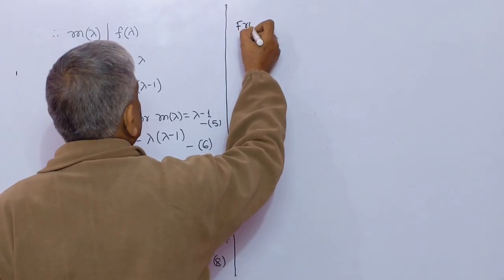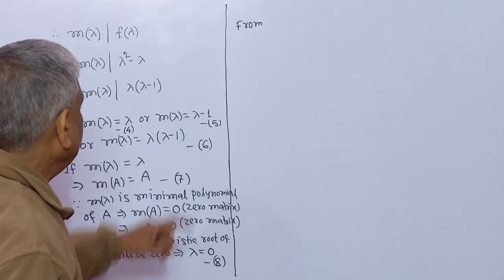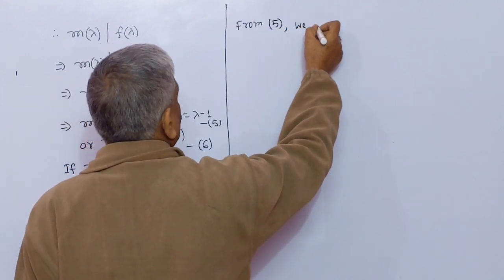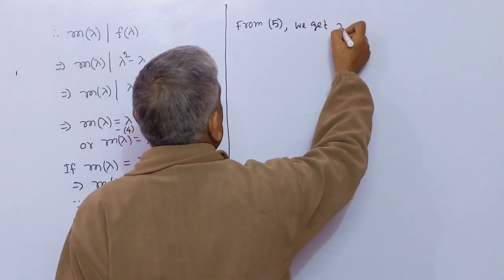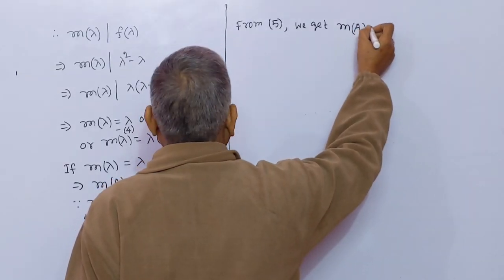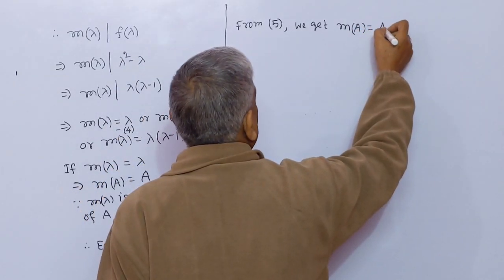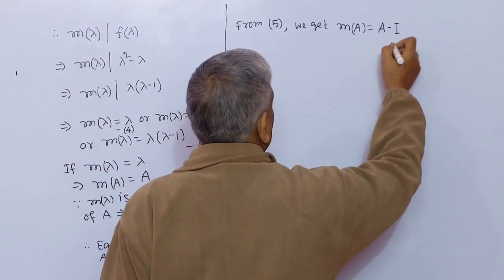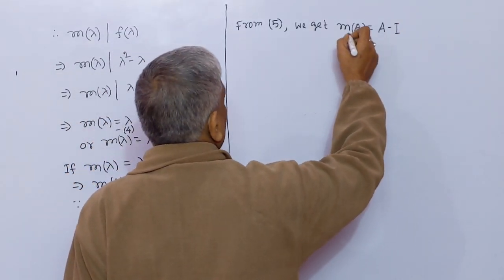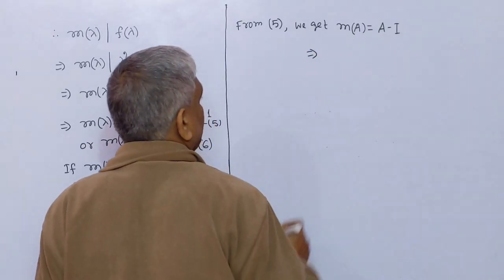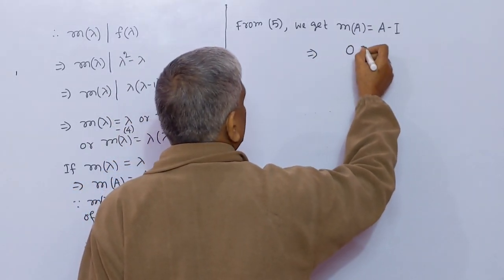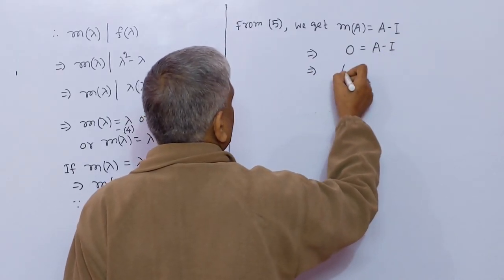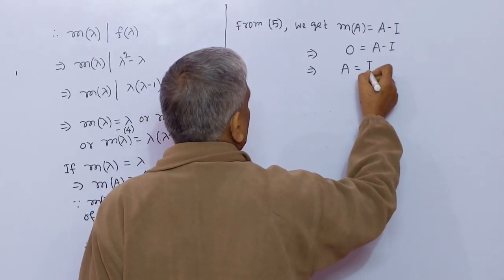From 5 we get m(A) equal to A minus, in place of 1 we write unit matrix I, which implies that the minimal polynomial m(A) equal to 0 matrix equal to A minus I, which implies that A equal to the unit matrix.